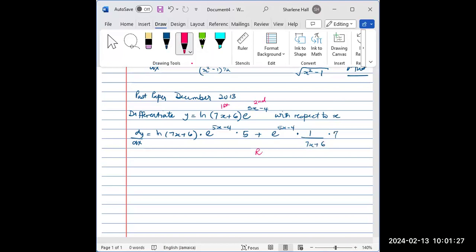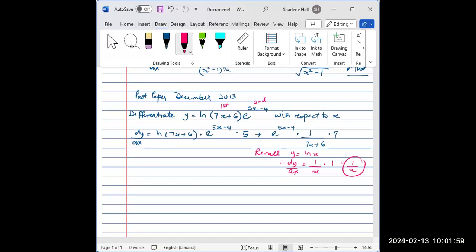So recall, y is equal to ln x. Therefore, dy by dx is going to be equal to 1 over x times the differential of x, which is 1, so it equals 1 over x. So always remember, the differential of the ln function is going to be 1 over the function itself times the differential of the function.